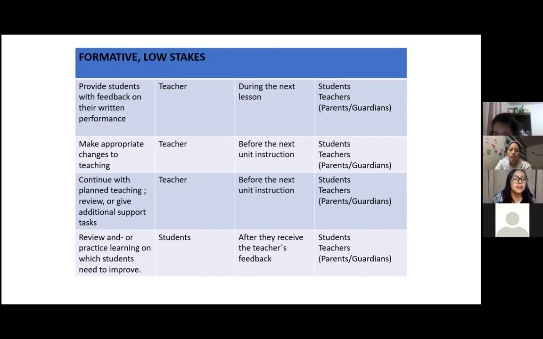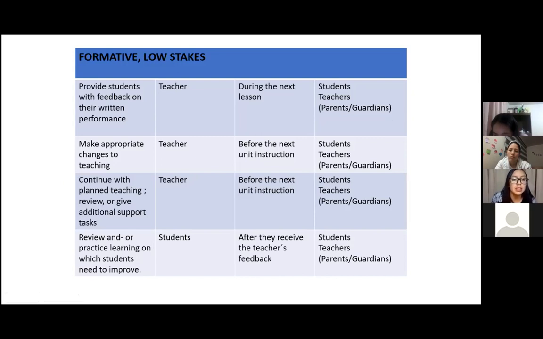In the case of the formative decisions, which aim at improving instruction and learning, we have: provide the students with feedback on their written performance, make appropriate changes to teaching, and continue with planned teaching. These three are made by the teacher.